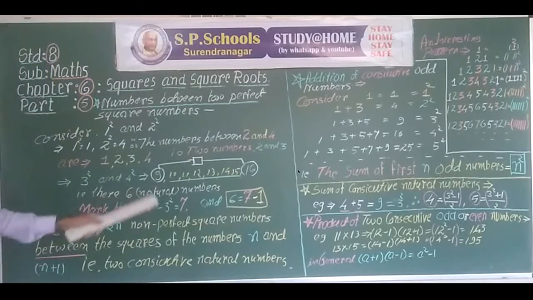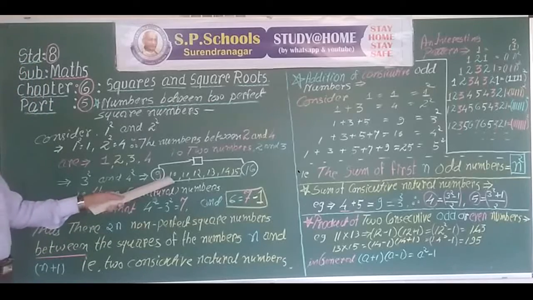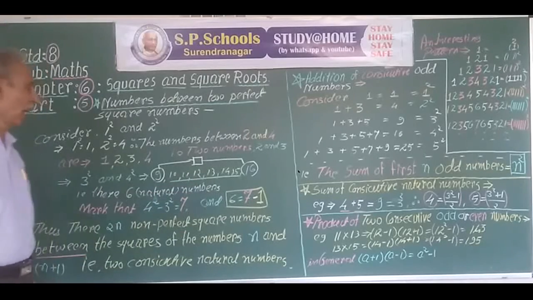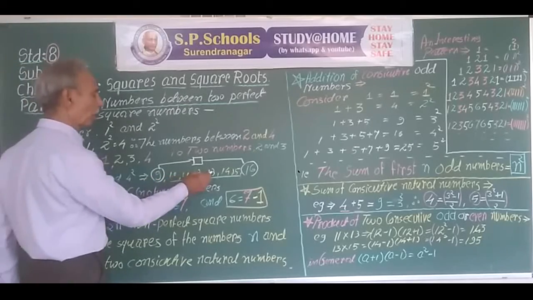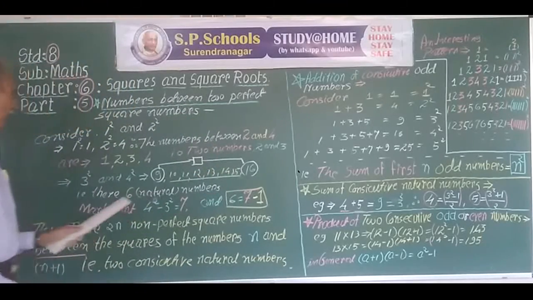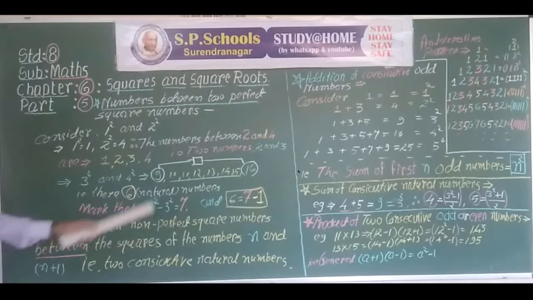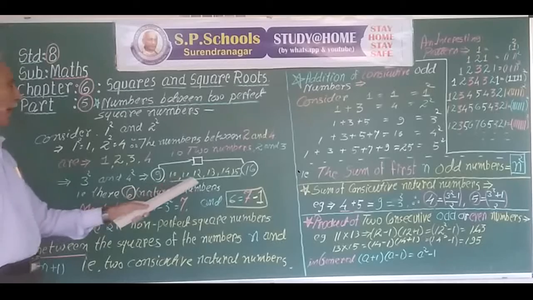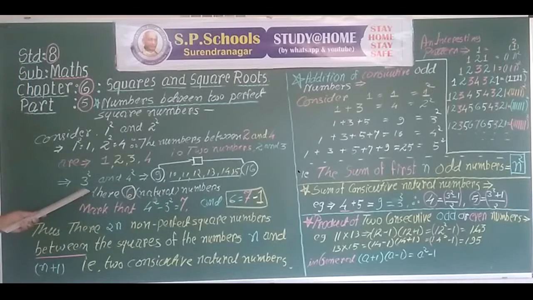Their roots are integers, here 3, here 4. So these are not perfect squares. How many are there? Here we see 1, 2, 3, 4, 5, 6. There are 6 natural numbers between the perfect square of 3 and the perfect square of 4.